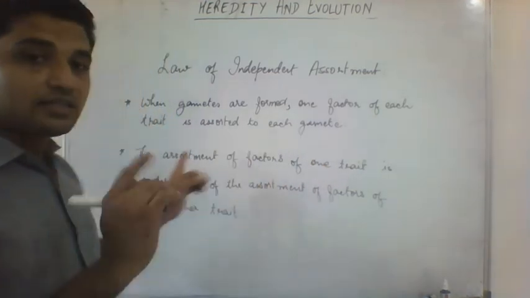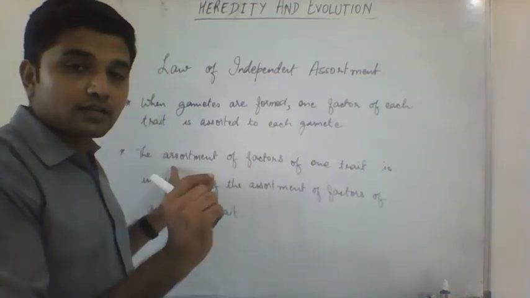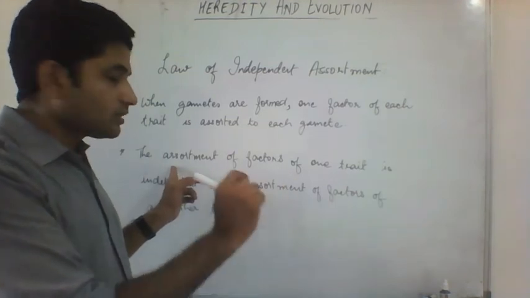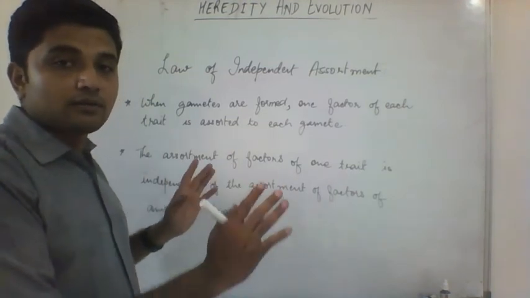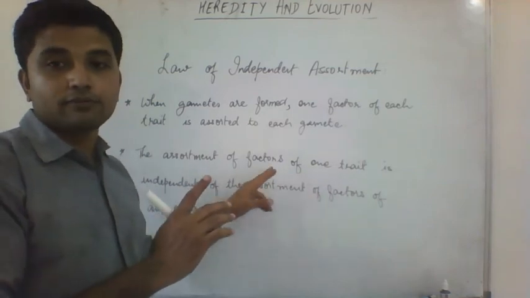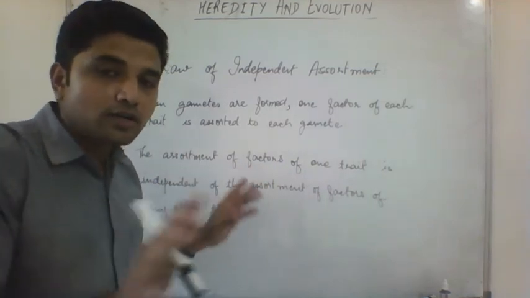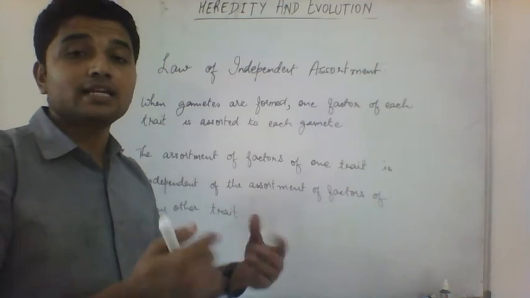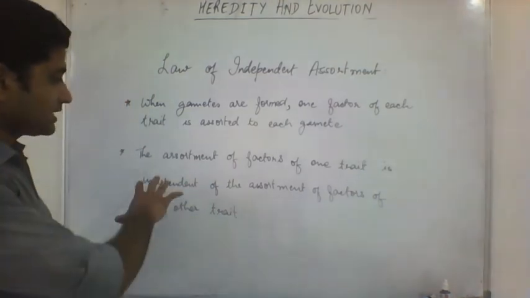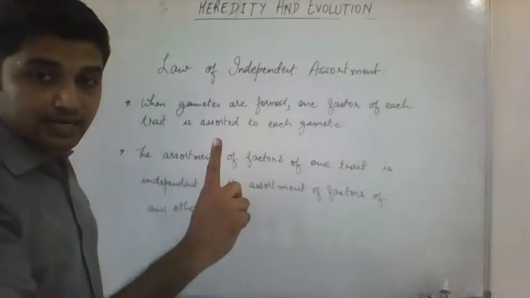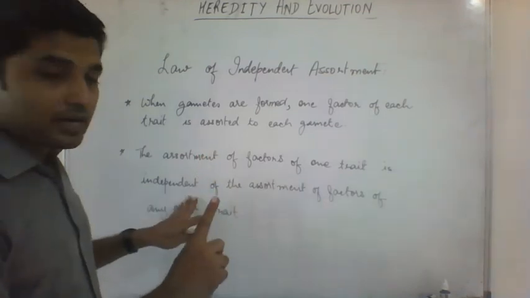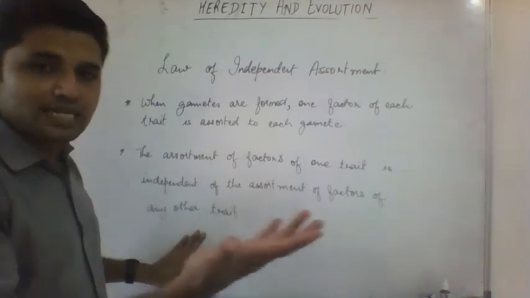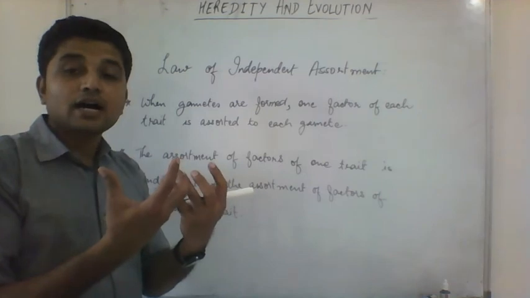Now this assortment of factors into gametes will be independent. One factor of one trait does not depend upon the factors of any other trait. This is the statement: the assortment of factors of one trait is independent of the assortment of the factors of any other trait. 2 traits are independent of each other.